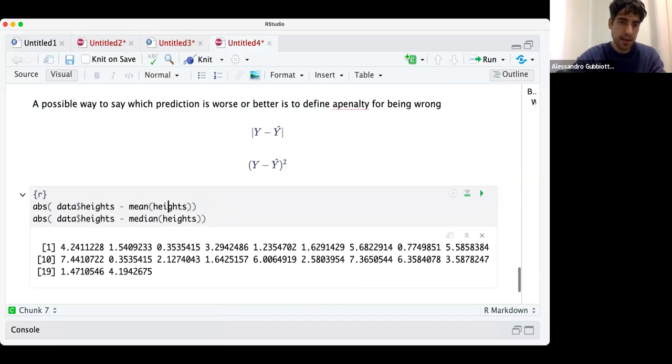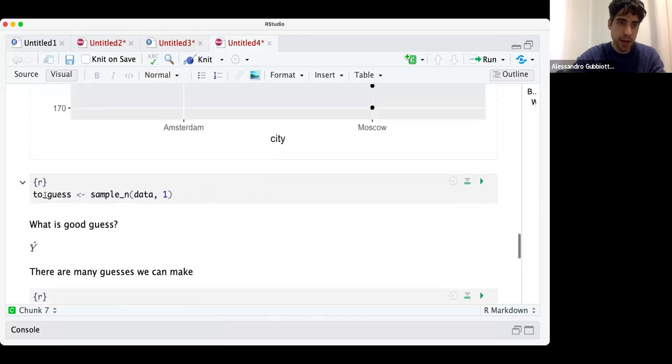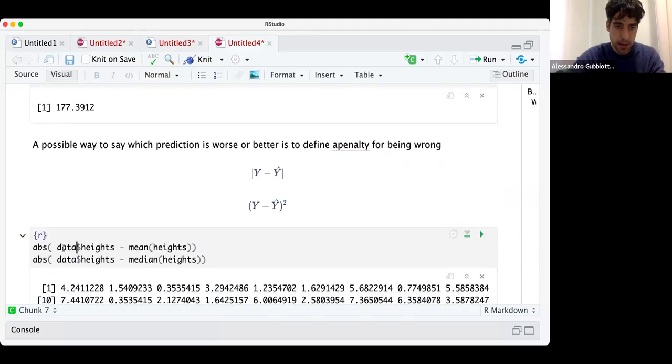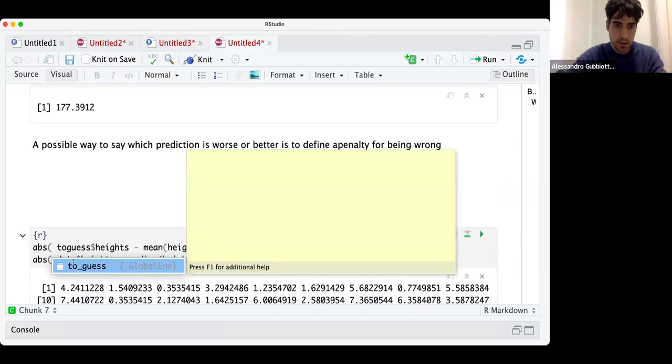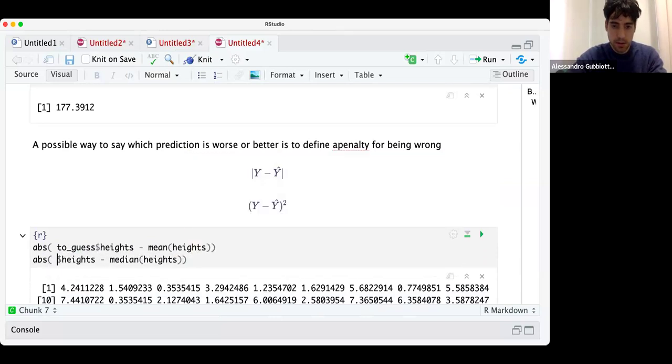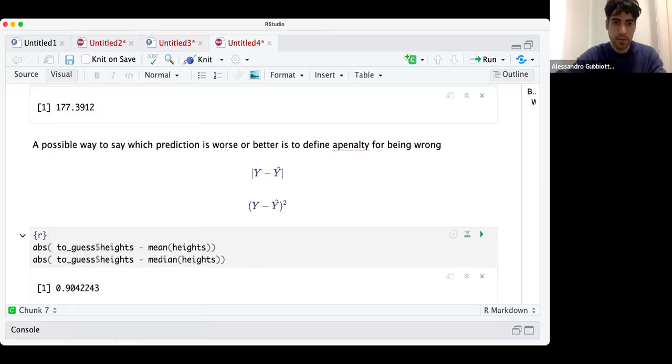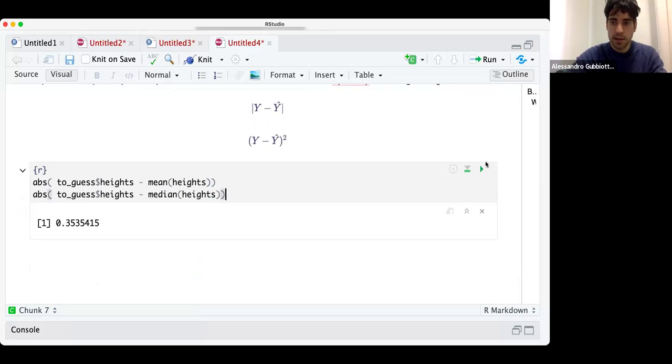Okay, I called it in this way. So let's run both of them. You see, the median is better in this case.